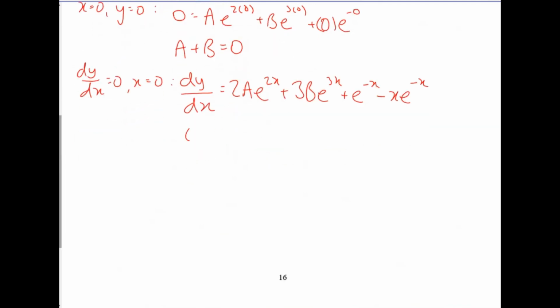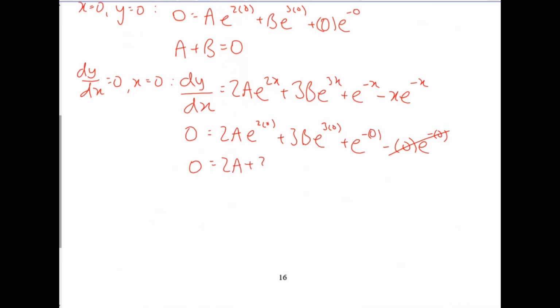Let's sub in our zeros. x is 0, so e to the minus 0. That last term ends up being 0 because it's multiplied by 0. But all the e's are just 1. So 0 equals 2a plus 3b plus 1.